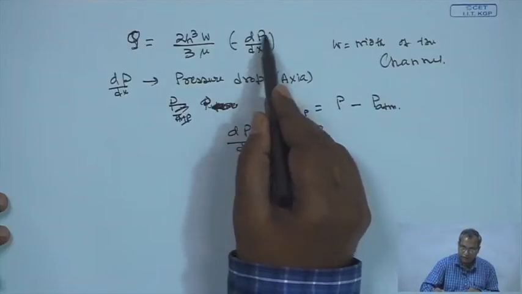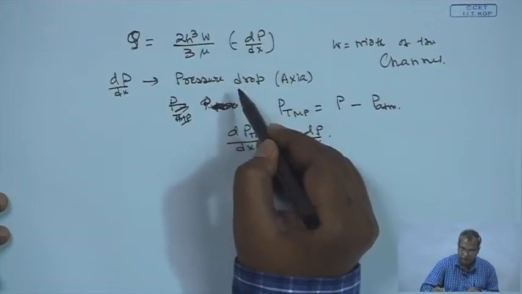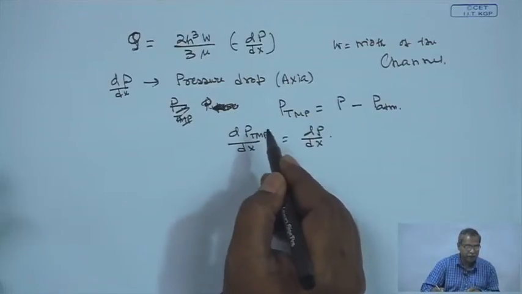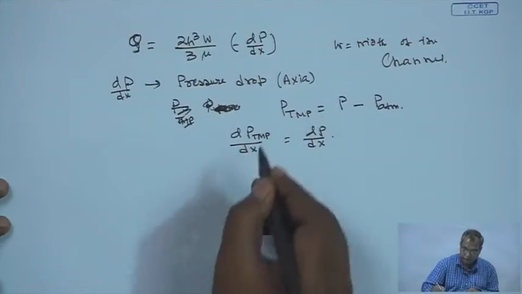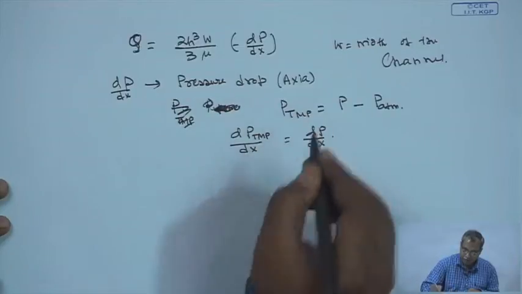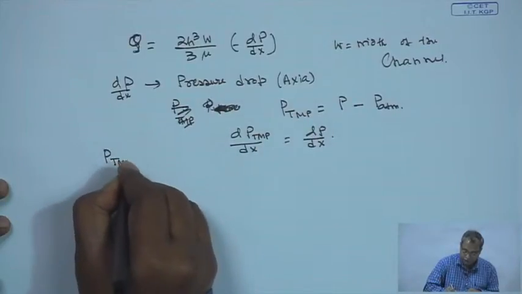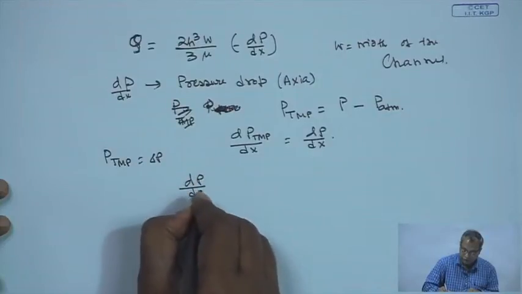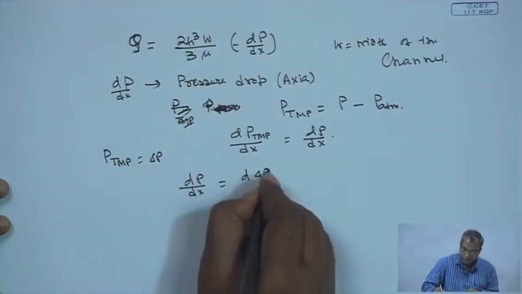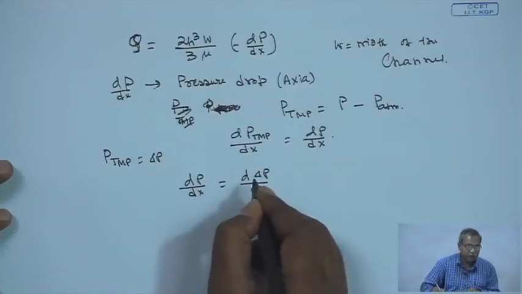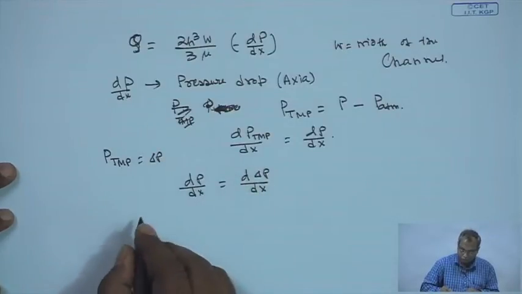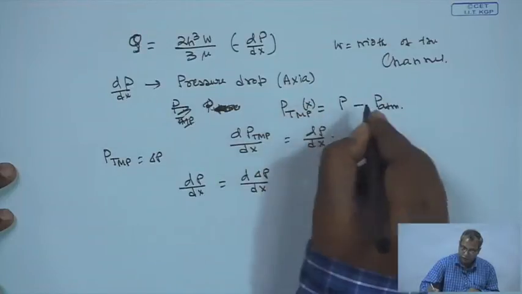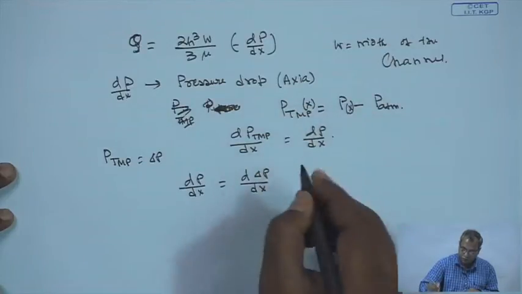So, dP dx is the same as d delta P dx, and the transmembrane pressure drop is nothing but delta P. So, dP dx will be treated as d delta P dx. Okay. So, this will be the absolute pressure at any point of time.